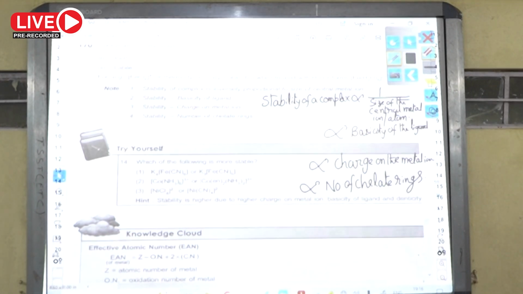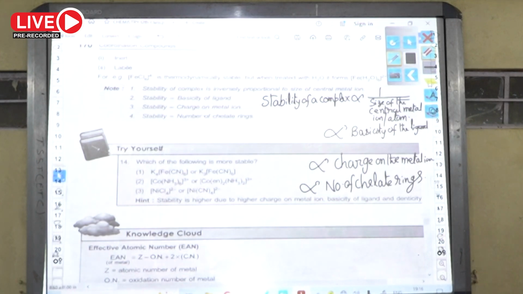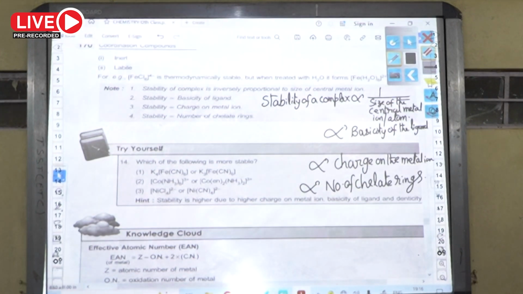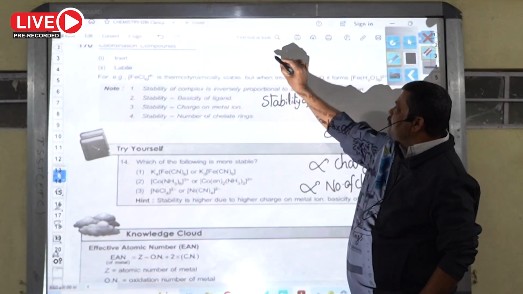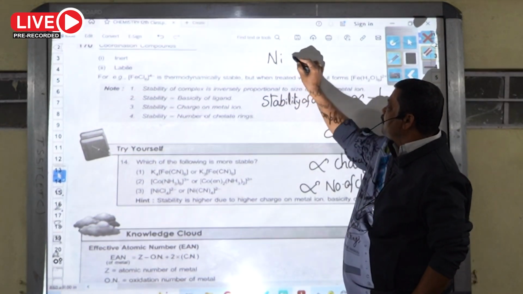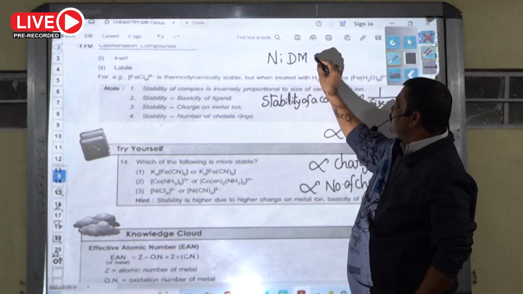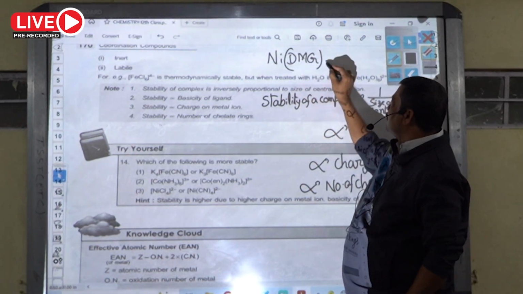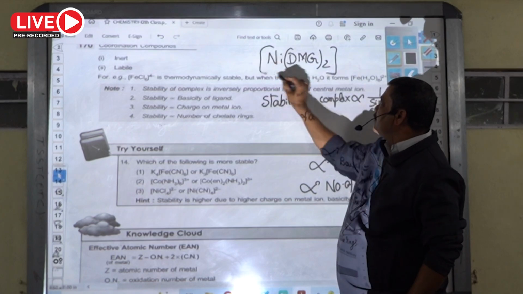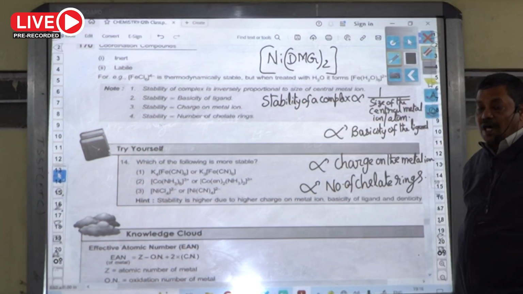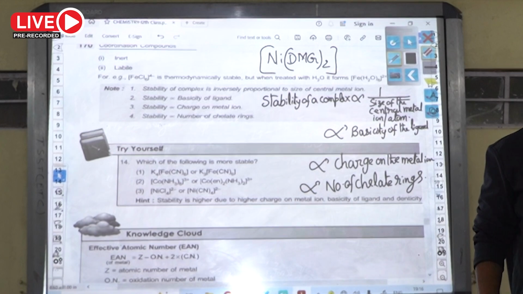Example, Ni(DMG) twice, nickel dimethylglyoxime, a dark red complex.